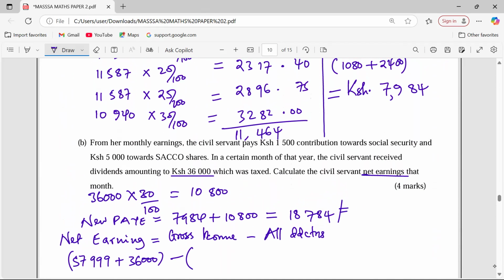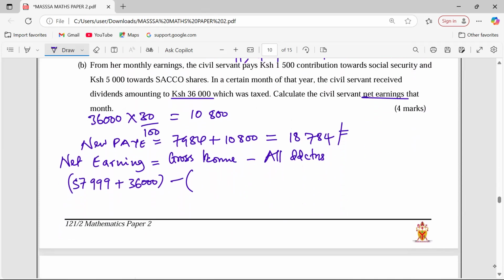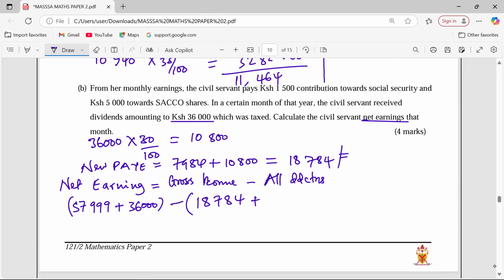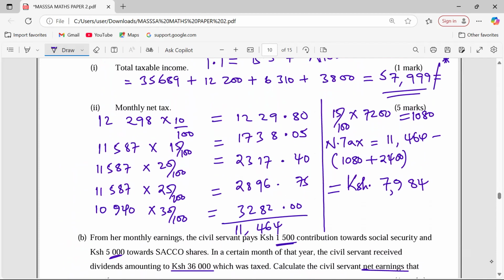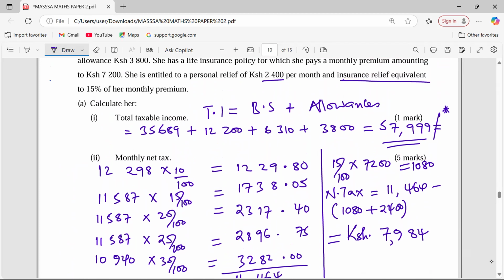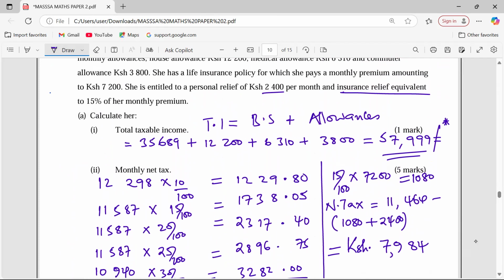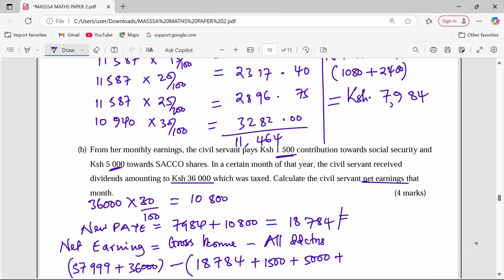For your information, the first deduction should be the PAYE. So PAYE is 18,784. Other deductions follow: 1,500, another deduction is 5,000. Another deduction that this civil servant, a lady, pays is 7,200 for premiums.